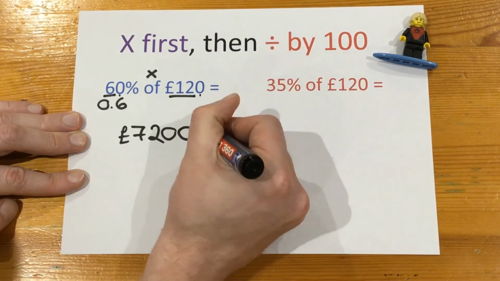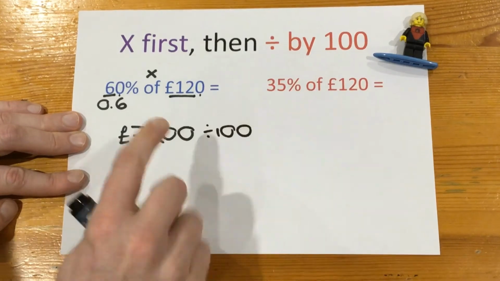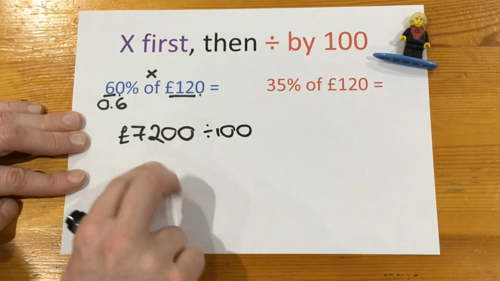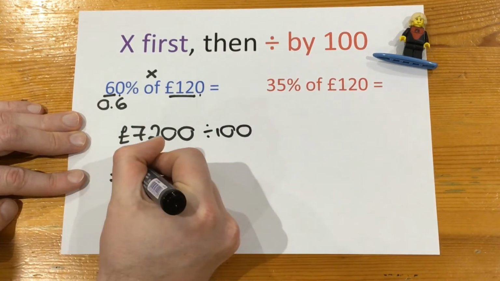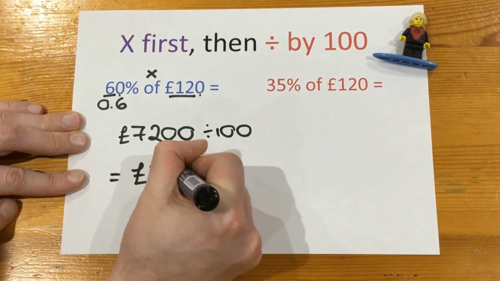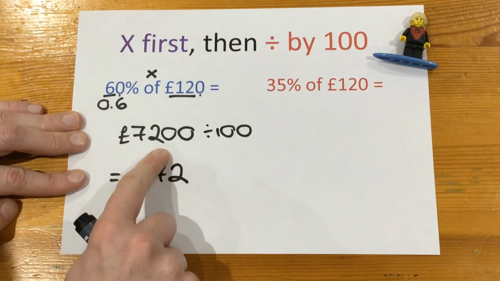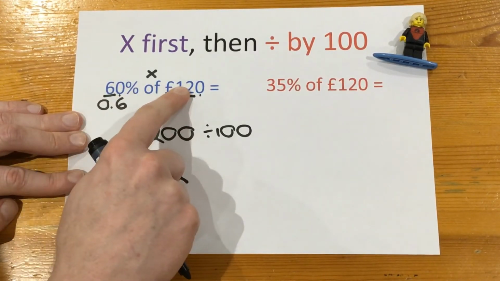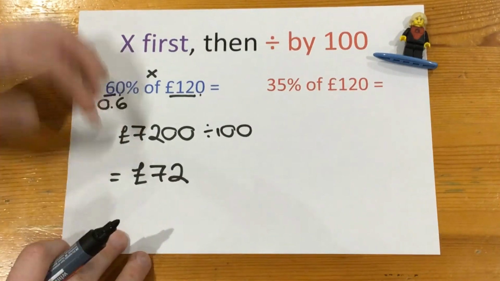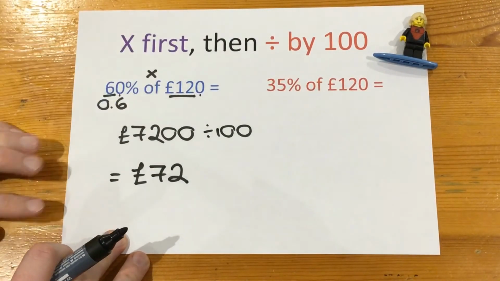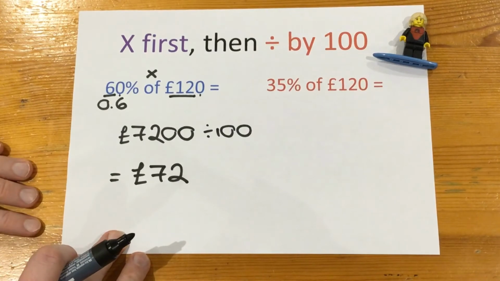So divide it by 10 makes it 720. Shift the numbers to the right again. Divide it by 10 again is £72. So I multiplied 7,200 and then divided by 100 and I got £72. And that is correct. 60% of £120 is £72.